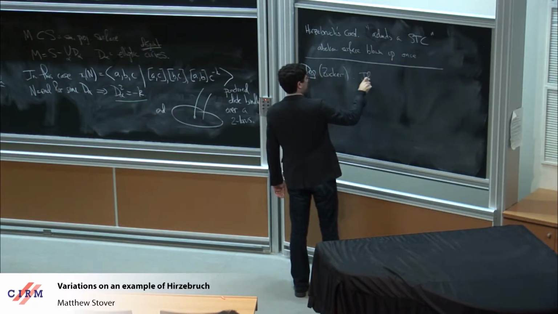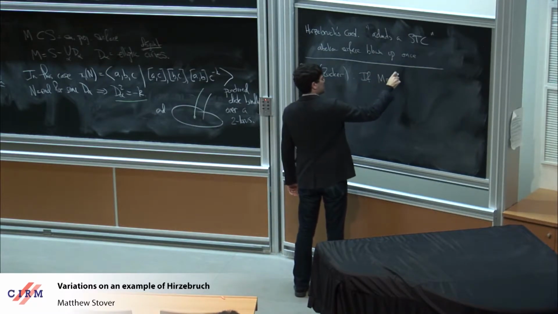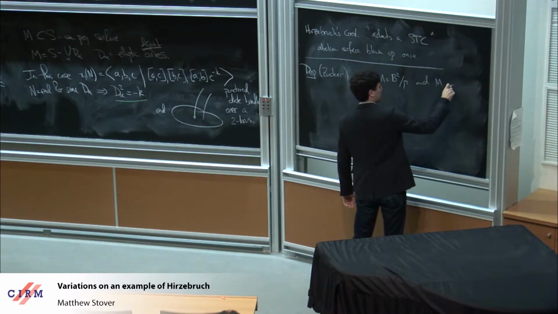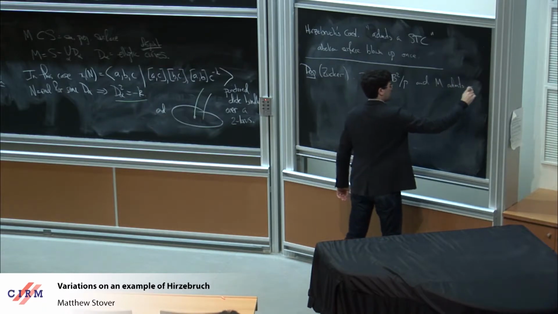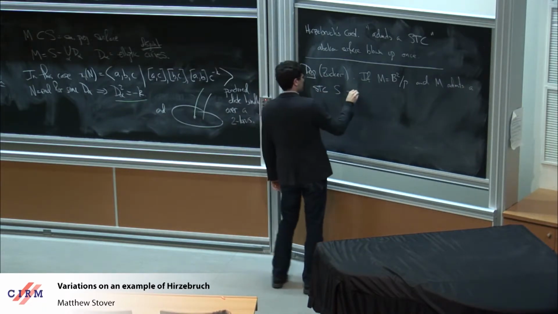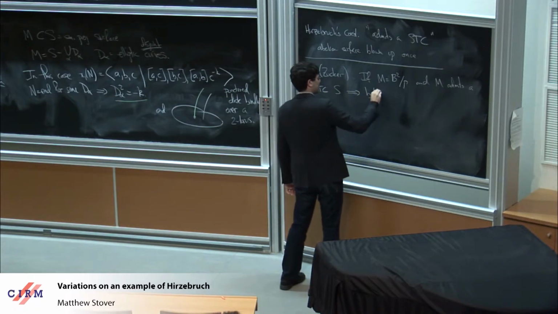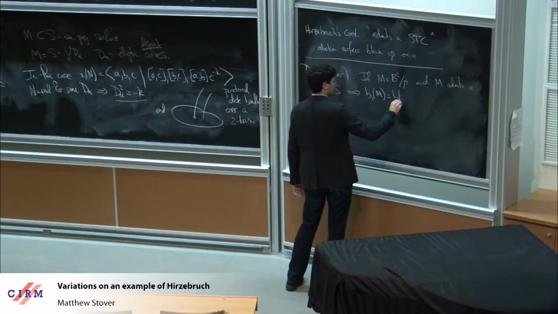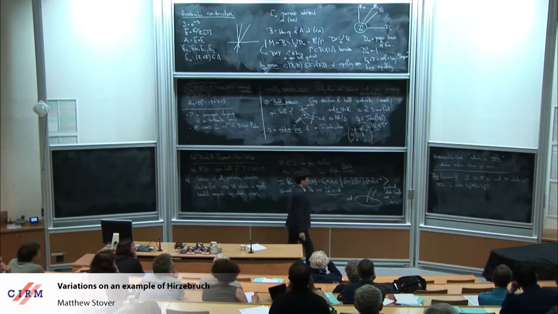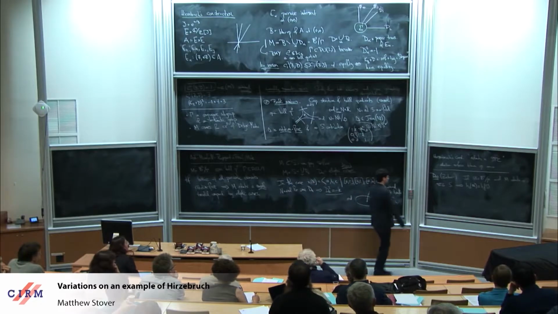So if M is B2 mod gamma and M admits a smooth toroidal compactification, maybe I'll call it S, that implies that the first Betti number of M is the first Betti number of S.